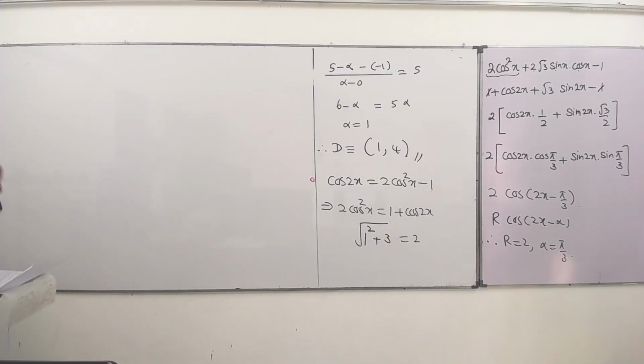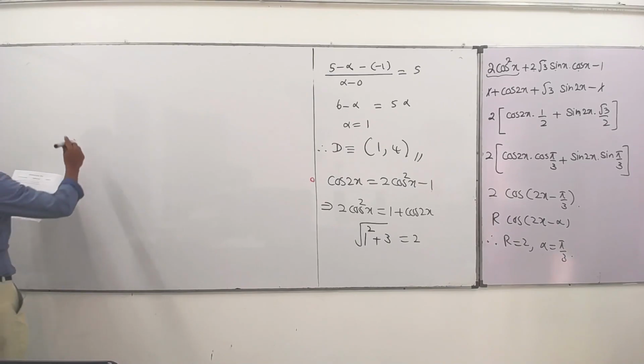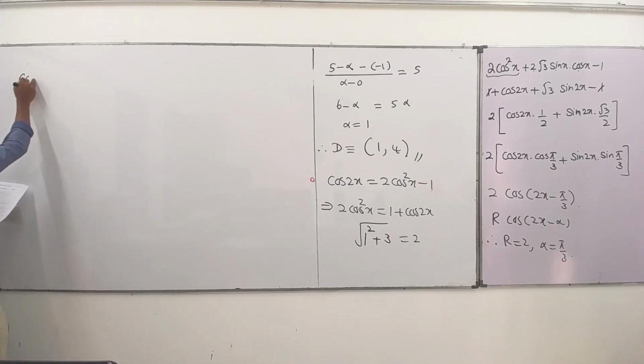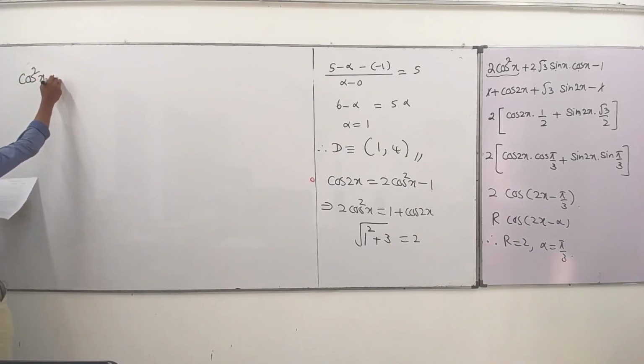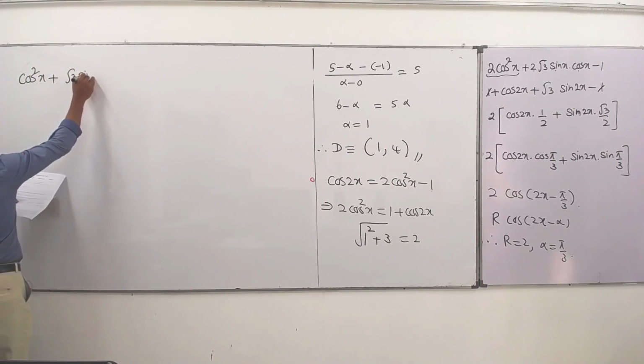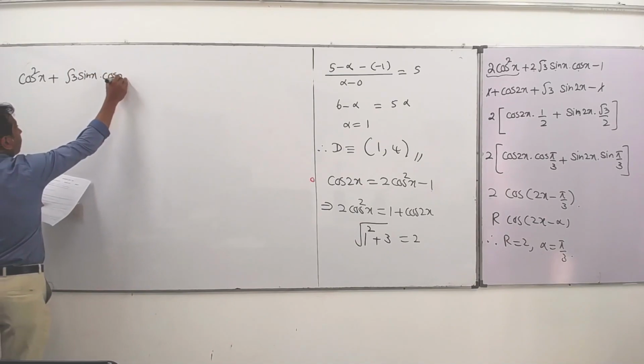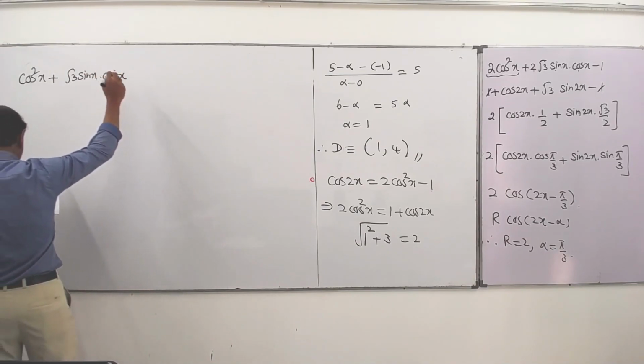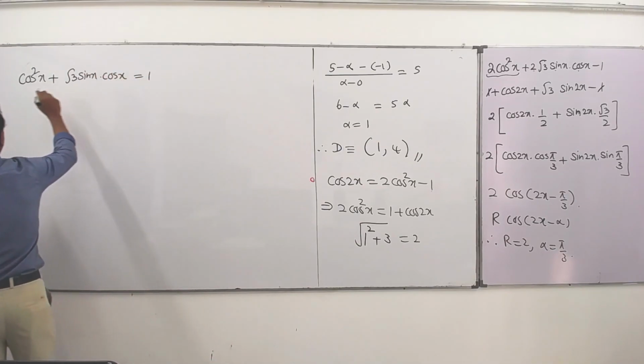Now, what is it asking next, people? Asking next, hence solve this equation: cos squared x plus root 3 sin x cos x equal to 1. All right. First multiply this by 2.